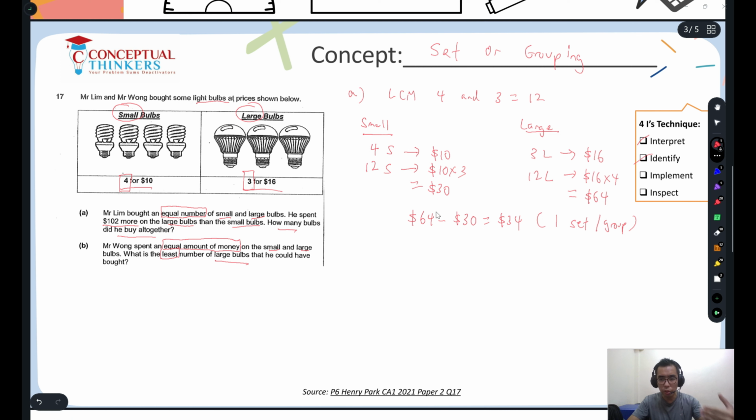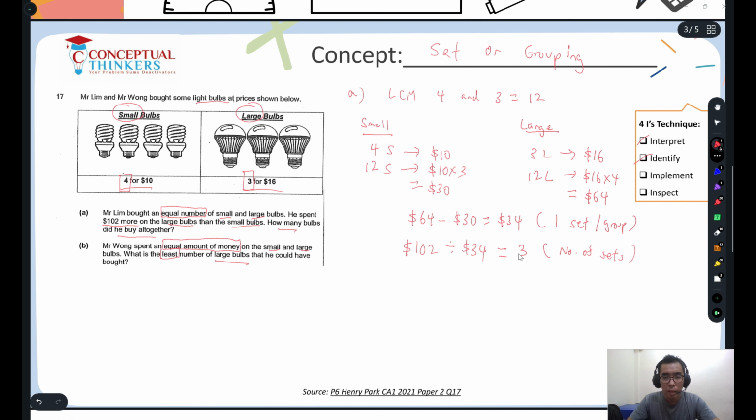So we are looking at how many sets will hit the difference of $102. We take the $102, the total difference, and divide by $34, the individual difference, which is one set. Punch it into your calculator and you will get 3. This means we have 3 sets.